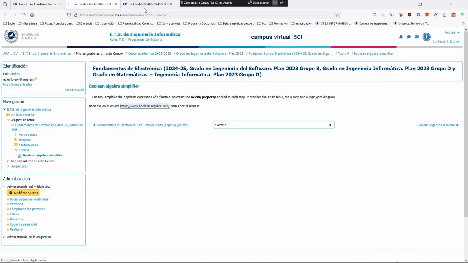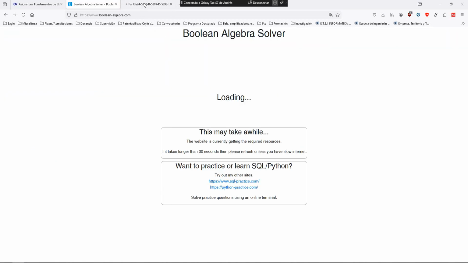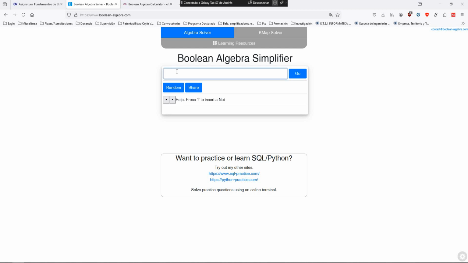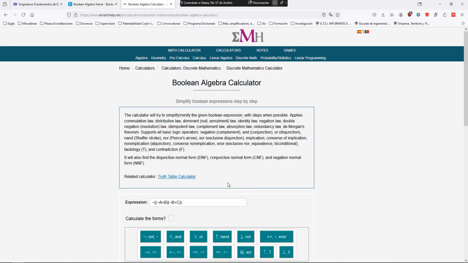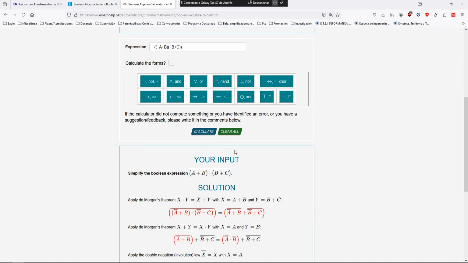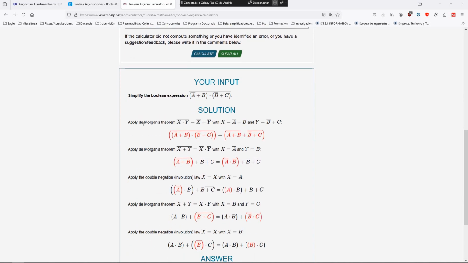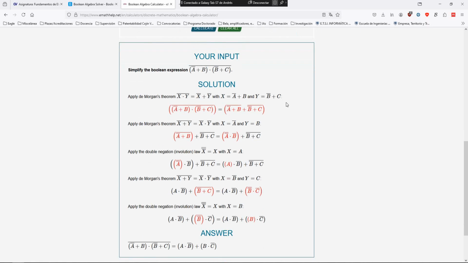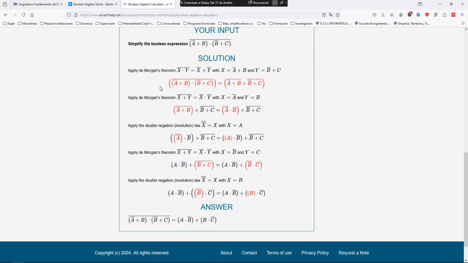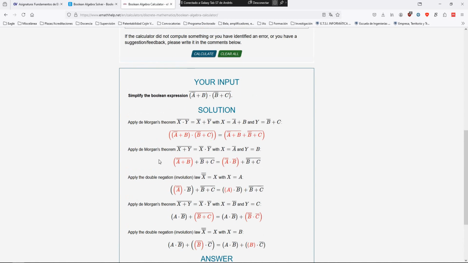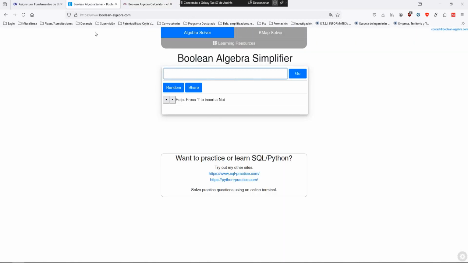They are online tools, simplifiers of Boolean algebra. You can place a Boolean expression here, and you are going to get the simplification. And the web page specifies in every step the theorem that it has used. So it's really useful.